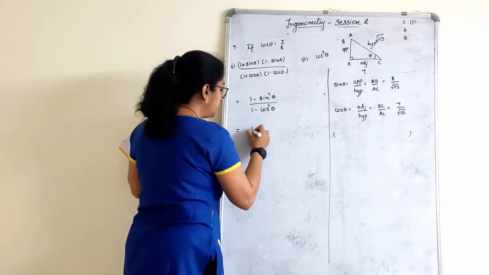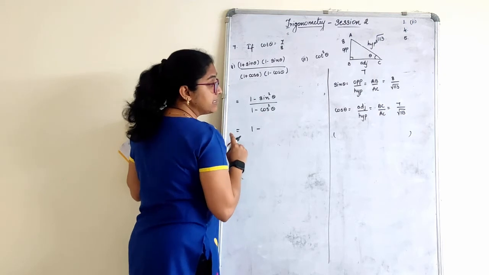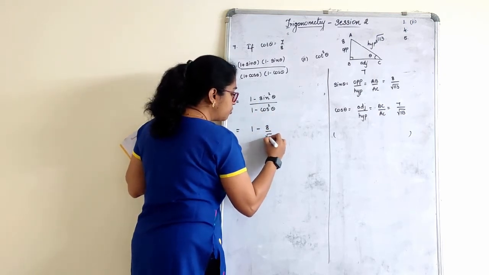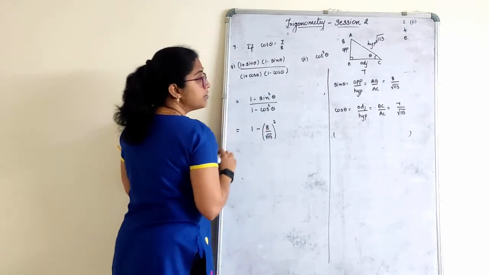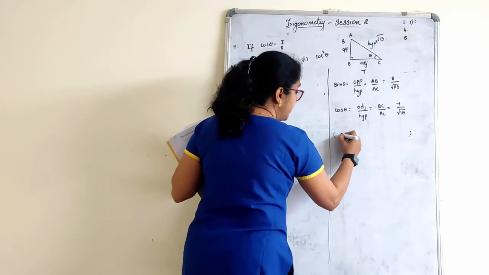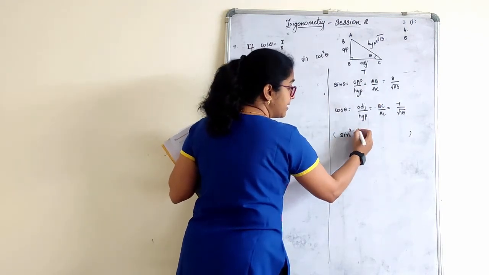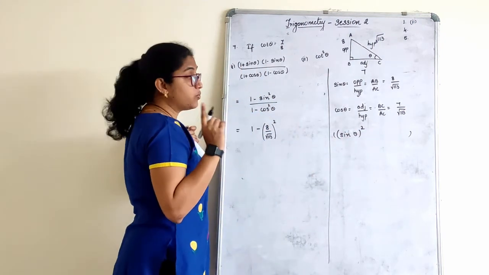Now keep this as it is. 1 minus, what is sin theta? First of all, sin theta is 8 upon root 113, whole square. See, when we say sin square theta, that value is squared. It is not the angle theta that is squared.